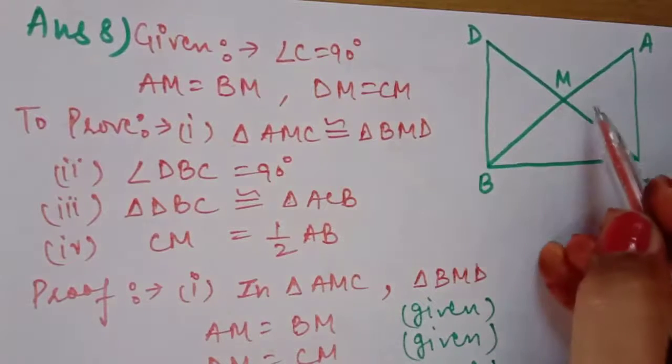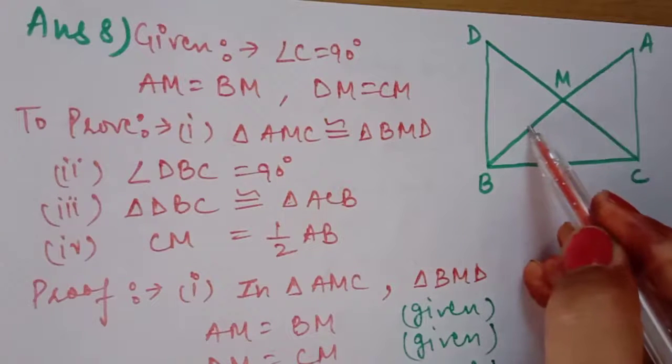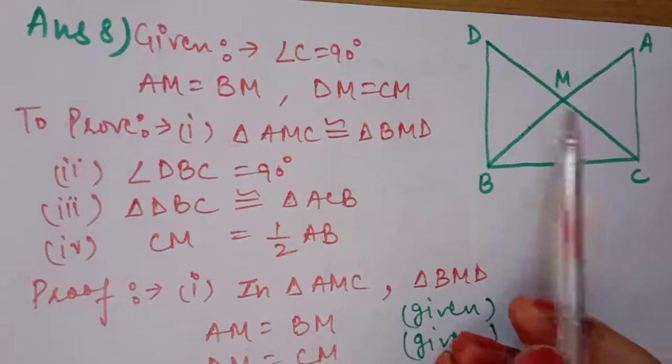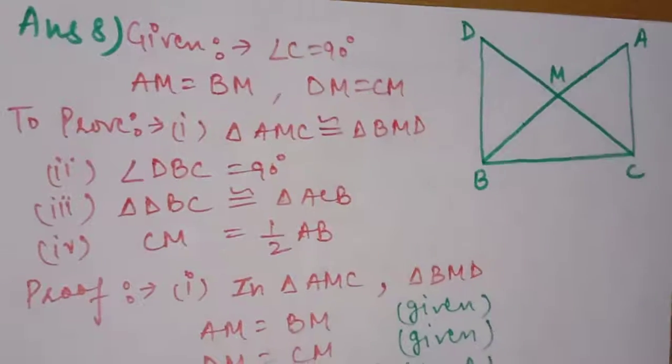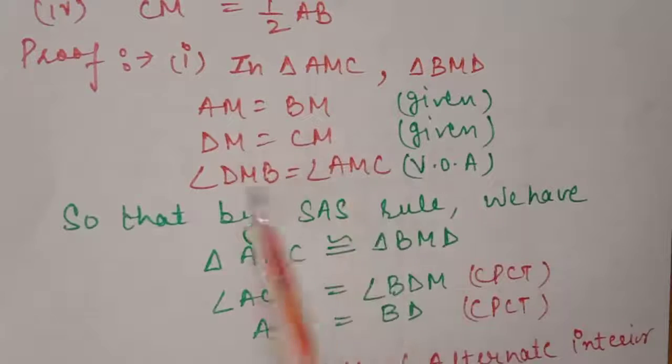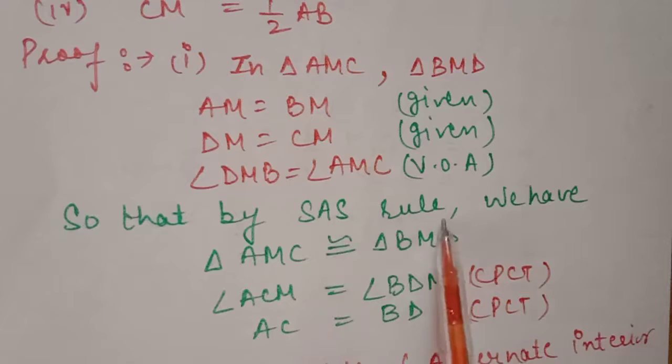Now for the congruency, AM and MB are equal to each other, given. DM and MC are equal to each other, given, and this is your vertically opposite angle. So students, given and vertically opposite angles, so by SAS rule both the triangles are congruent. If the two triangles are congruent, the remaining parts are also equal to each other.